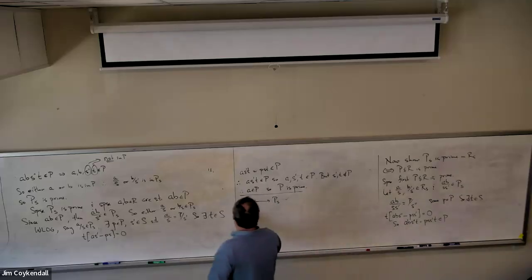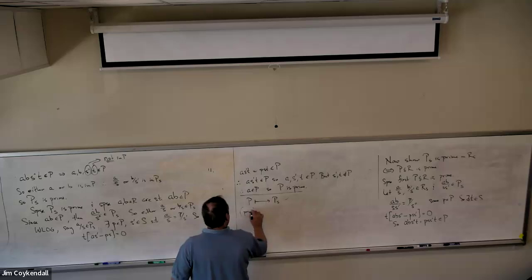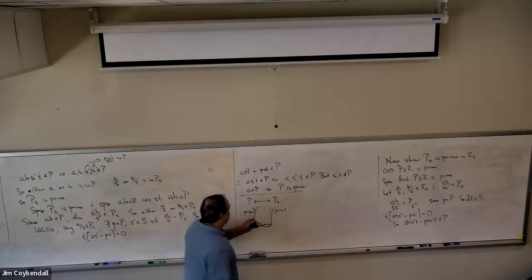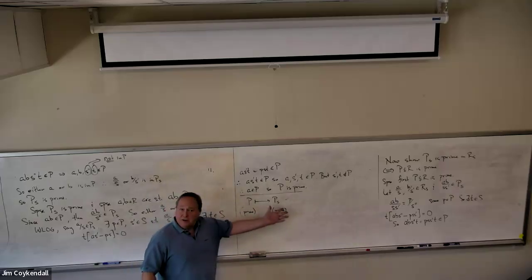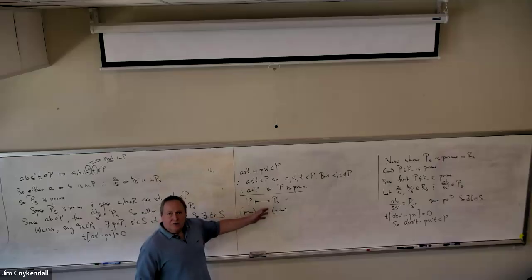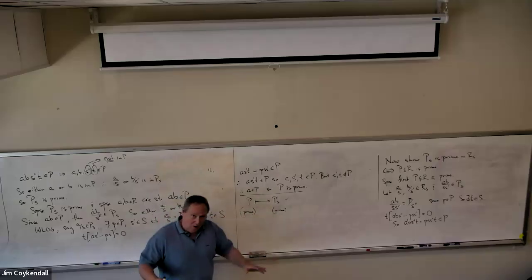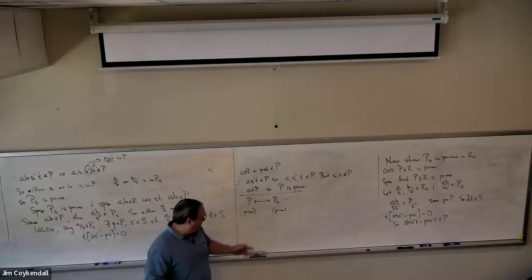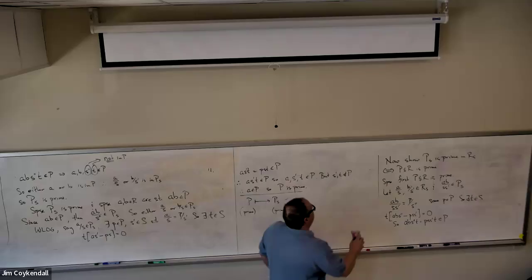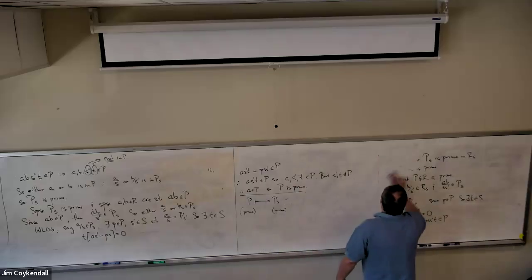So I've got that taken care of. Ideal goes to ideal, and if you have a prime, then what you get is a prime. Now, what I want to do is to show that the correspondence is indeed one-to-one. It's a bijective correspondence. I need to show that any prime ideal is of this form.